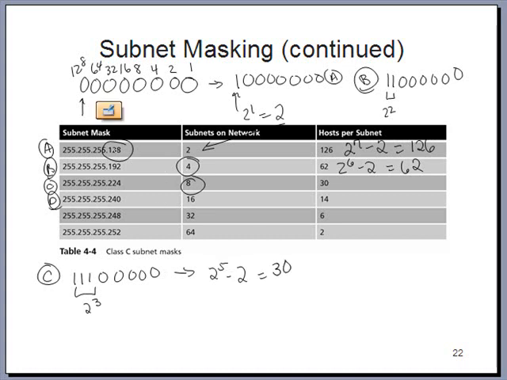Now the 128, the 192, the 224 numbers, that's coming directly from here. If you only have a 1 in this location and you look at this as an entire binary number, a 1 in that location would be 128. If you have 2 ones, it's 128 plus 64, that gives me my 192, and then over here I have 128 plus 64 plus 32, that gives me my 224, and you can carry through with the other ones in the same process.